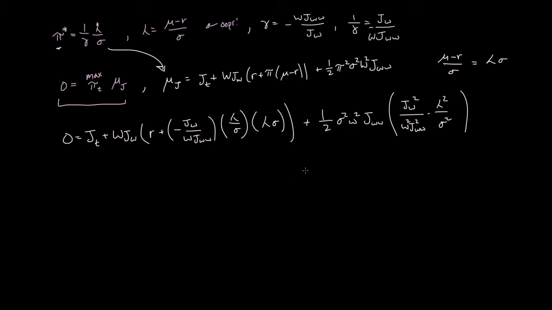Great. Okay, so now we need to do some cancellations where we can, and I need to go very, very slow on these because with all this junky algebra, it's very easy to make a mistake. So I'm actually just going to distribute this W J_W term into these brackets.